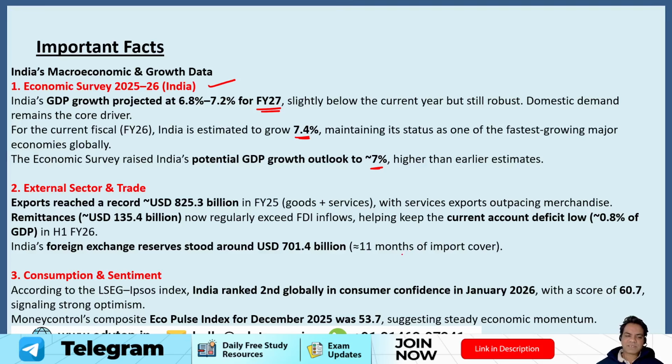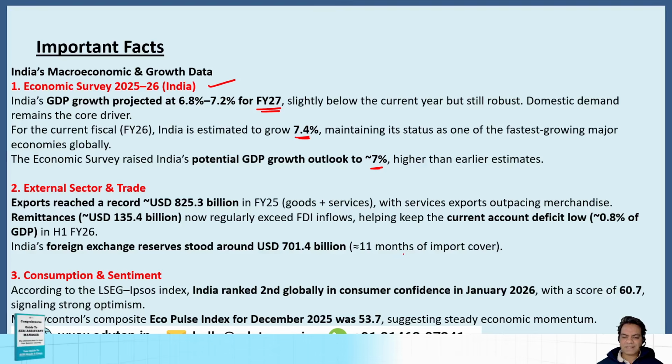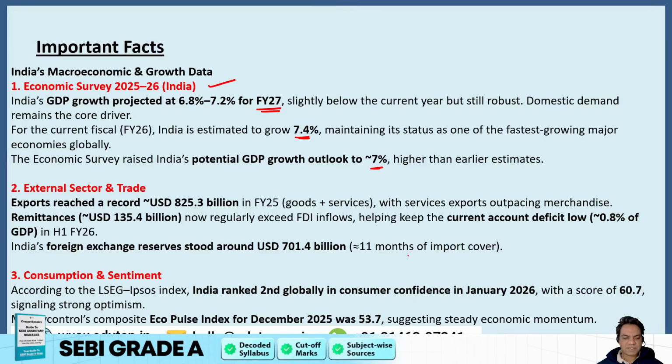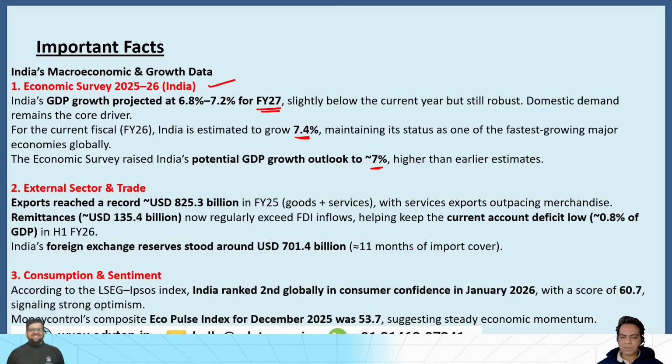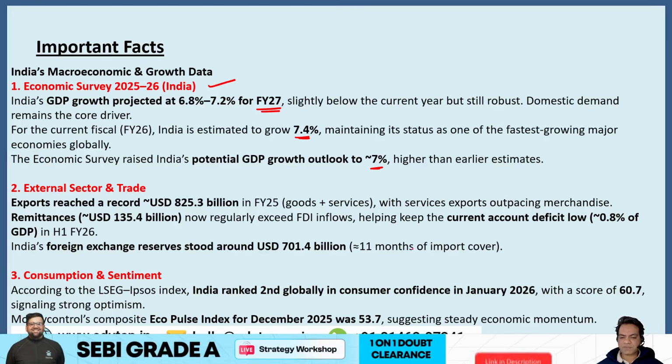What about consumption and sentiment? According to the LSEG Ipsos Index, India ranked second globally in consumer confidence in 2026 with a score of 60.7, signaling strong optimism. Moneycontrol's composite Eco Pulse index for December 25 was 53.7, suggesting steady economic momentum.